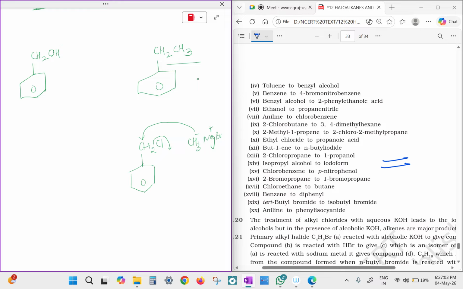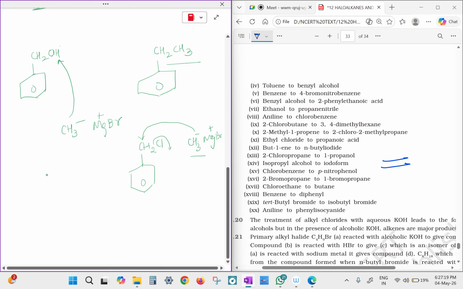Okay, so once again, the methyl anion from the Grignard will not approach an alcohol. Remember something there. If Grignard is given any compound which has acidic hydrogens, that can be water, alcohol, or an amine, then it gets hydrolyzed.